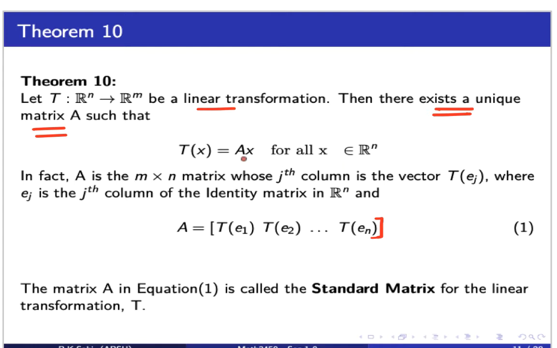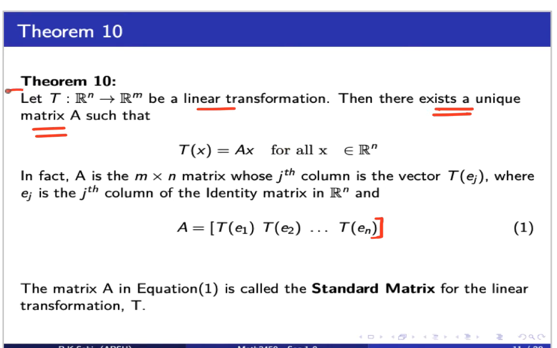Now this matrix A, guys, is a unique matrix, and that is what shows that every linear transformation from an n-dimensional space to an m-dimensional space is a matrix transformation. Remember we said that every matrix transformation is a linear transformation, and we were asking what linear transformation will make it a matrix transformation?